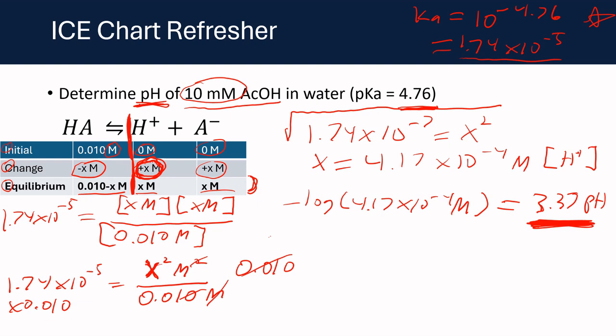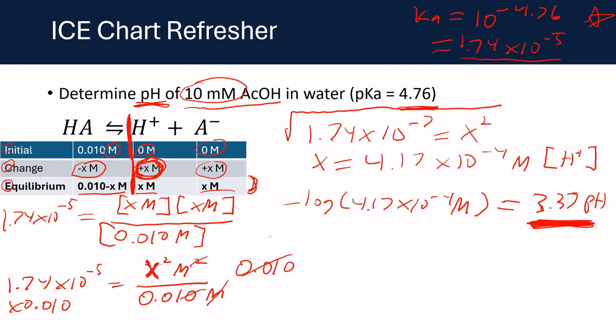Now, there's a few conceptual takeaways I want you to really appreciate. It's a really big misconception that, again, people think if you add in a weak acid, a weak base, the solution pH is going to immediately approximate the pKa. And we're kind of in the ballpark. I wouldn't say we're that close, honestly, because remember, pH is a logarithmic scale. But the important thing to appreciate is that the pH wasn't automagically 4.76.